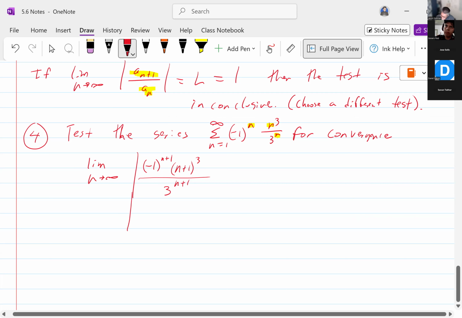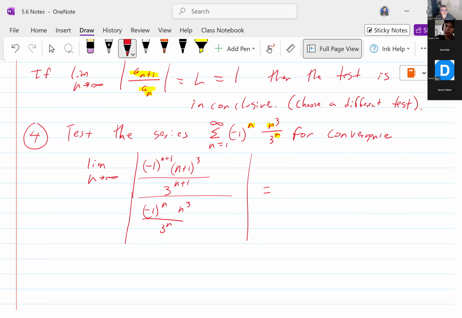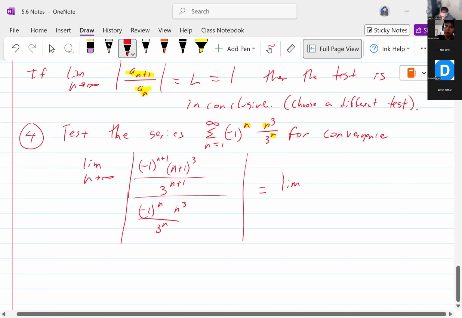Now this is going to be a complex fraction, and so that's all going to be over the original, which is negative 1 to the n, n cubed over 3 to the n. Now, since I have a fraction over a fraction, I can flip and multiply the bottom one. Dividing fractions can be fun when you flip and multiply the bottom one.